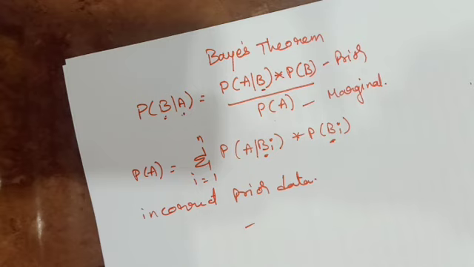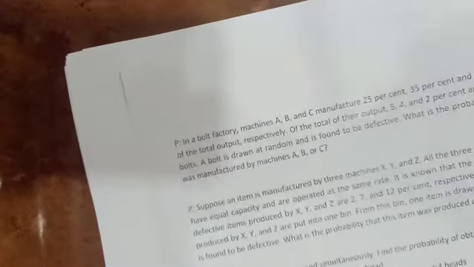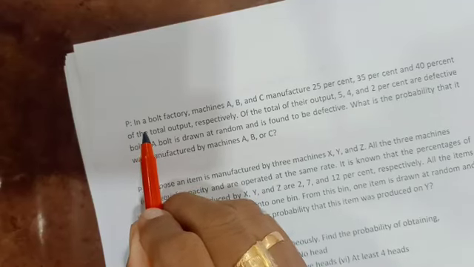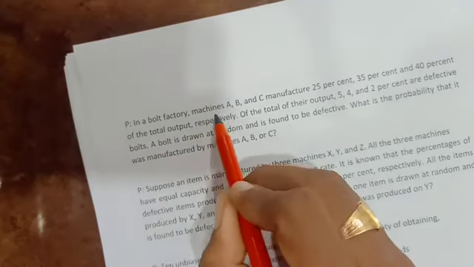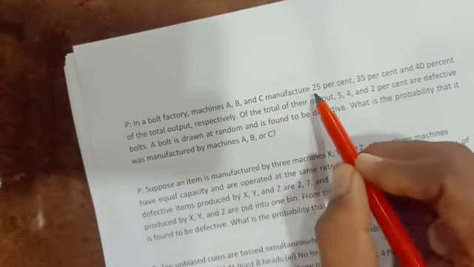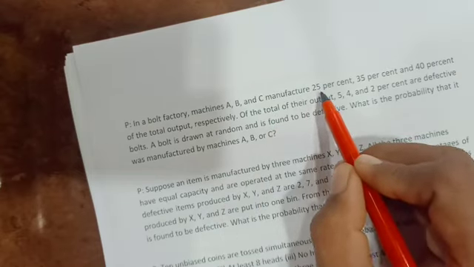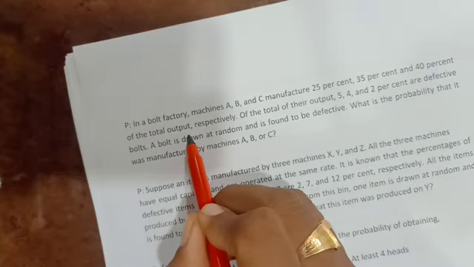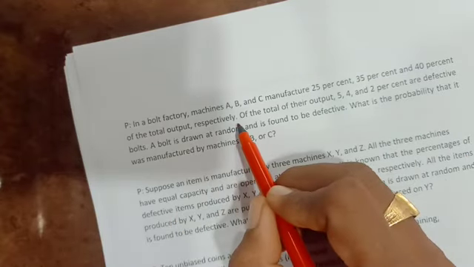Now let us look at a small problem. In a bolt factory, machines A, B and C manufacture 25%, 35% and 40% of the total output respectively.